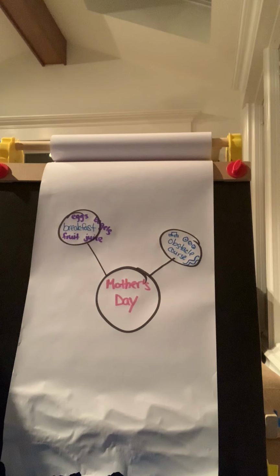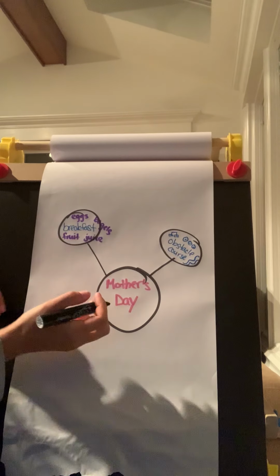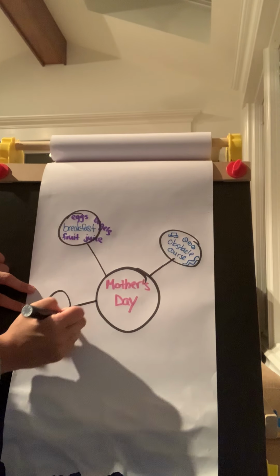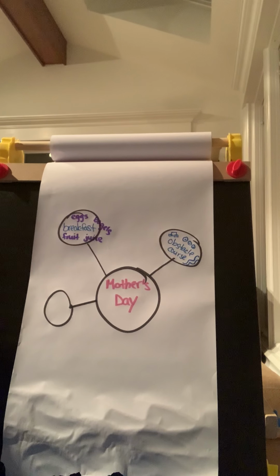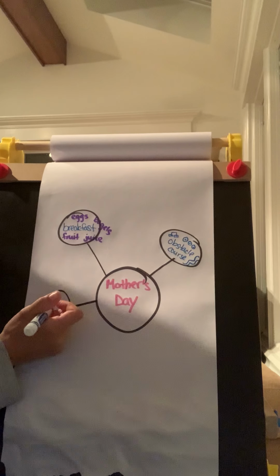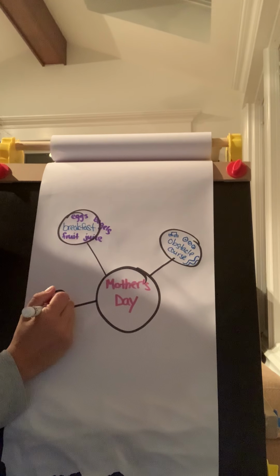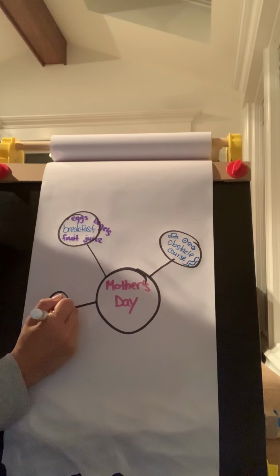Okay. What else happened? Oh yeah, I remember. We also read outside, which is my favorite thing to do. Right before their nap, we read outside. So I'm going to say read on the grass.